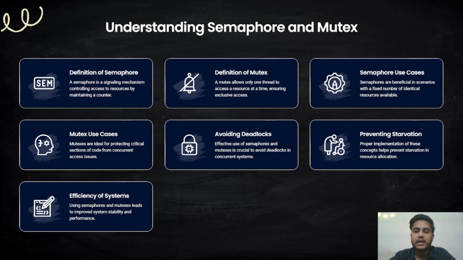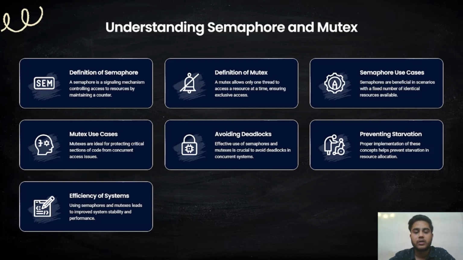Semaphore use cases: semaphores are beneficial in scenarios with a fixed number of identical resources available. Mutex use cases: mutexes are ideal for protecting critical sections of code from concurrent access issues.